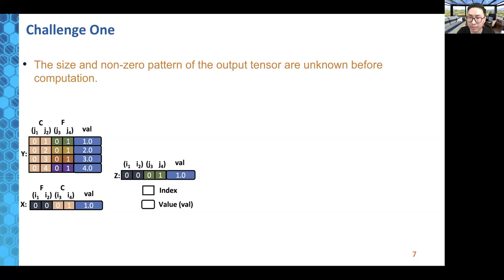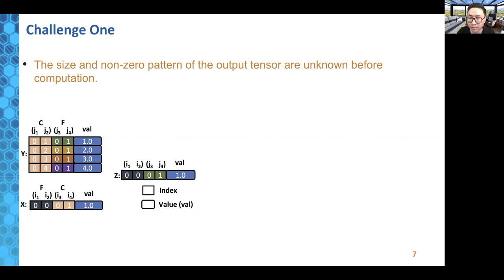In this example, a square refers to the index and a round rectangle refers to the value. We have inputs X and Y, which are four-order tensors.